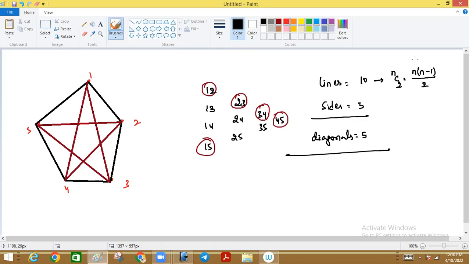Take 5 into 5 minus 1 by 2. 5 into 5 minus 1 is 4, divided by 2. How many are there? You understand the number of lines? From the number of lines, you just subtract the number of sides. Then you will get the number of diagonals.